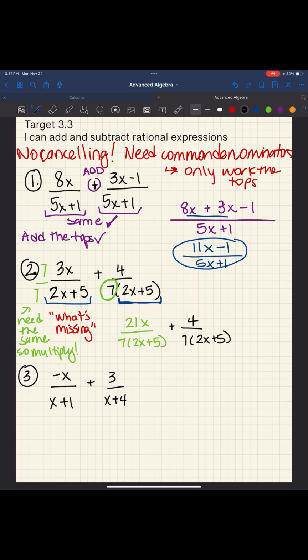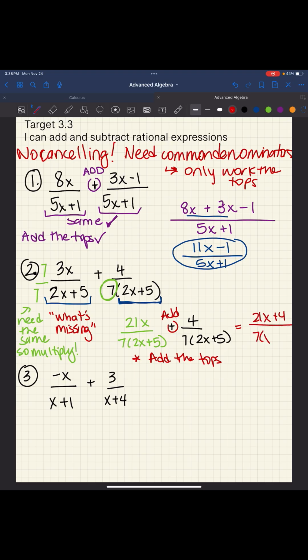So all we did was modify our left fraction so that they have the same denominator. Now we're ready to do the next thing, which is add the tops, which again, I saw an add over here. So I'm going to just add the tops to get 21x plus 4, because those are not like terms.